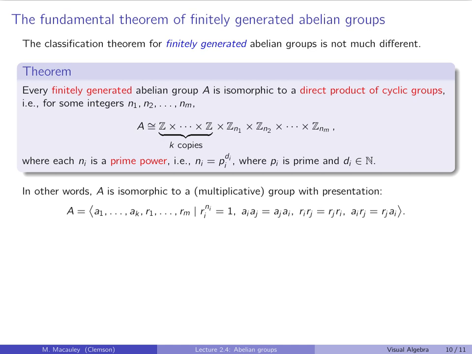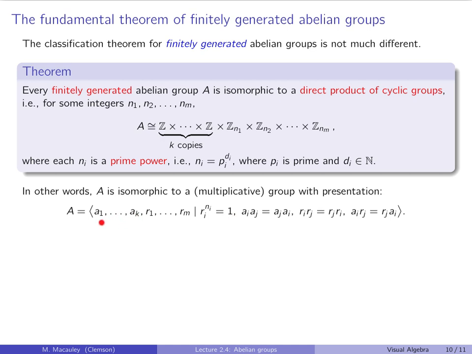So in other words, A is isomorphic to, writing things multiplicatively, a group with the following presentation. The generators of these k copies of Z are just, say, a1 up to ak. Let's say that the generators of the cyclic parts are r1 up to rm. Now, each ri has order ni, so ri to the ni is 1.